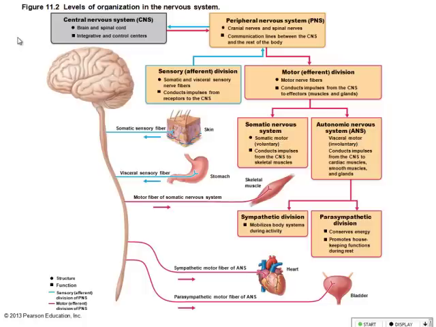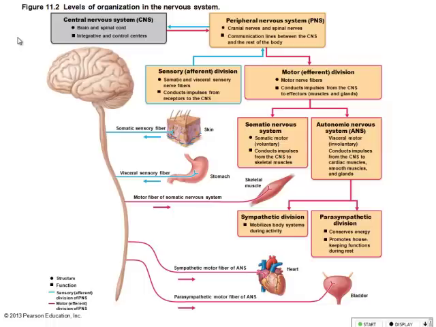Central nervous system, brain and spinal cord, this is where the information is all coming to and going out of. Going out to what we call the peripheral nervous system, which consists of sensory input information and output information, motor. Sensory is afferent, motor efferent.